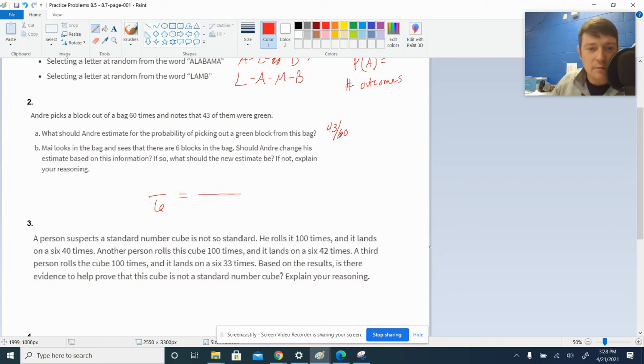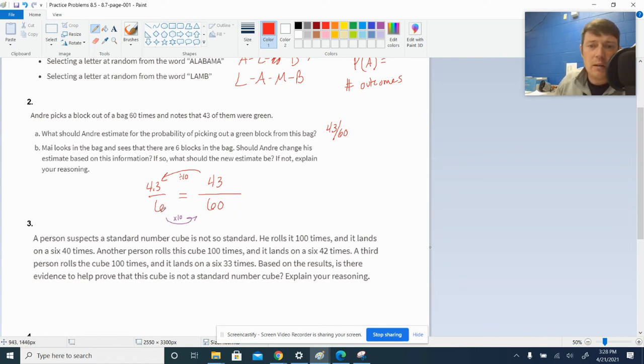Well, lucky for Andre, 60 is very nice with 6 because it's a multiple, right? It's just 10 times bigger. So whatever the probability of getting green could be, multiplied by 10, we'd get what we're looking for. Now, in his example, he had 43. So if you divided by 10 and went back, you would get 4.3. So I would change my estimation here. I would go from saying 43 out of 60 to 4 out of 6.